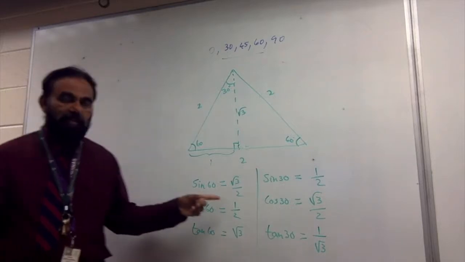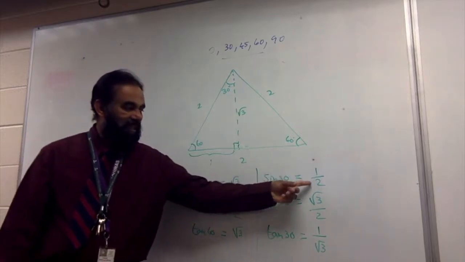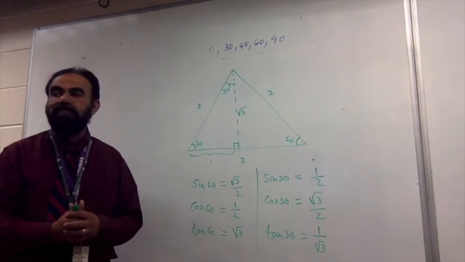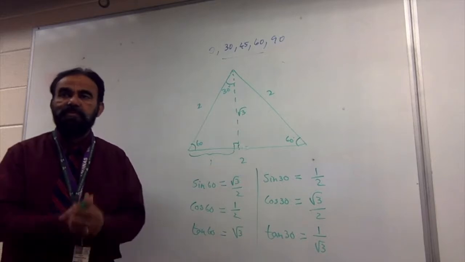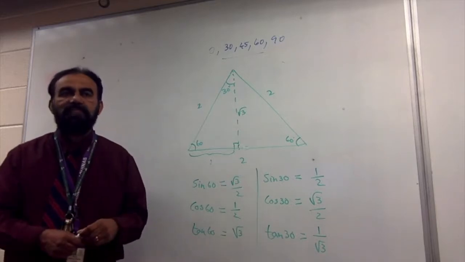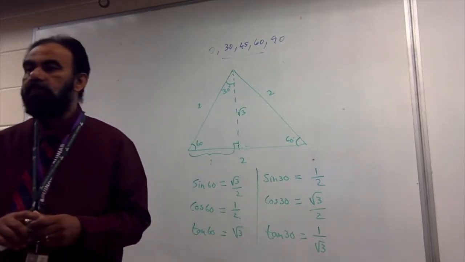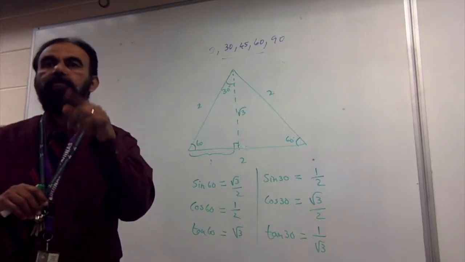Now if you ponder on this a little bit, you'll see the connections too. Sine of 30 is half, and cos of the complementary angle is half. So complementary angles have the same values. Punch it on the calculator: what is sine of 10? And now do cos of 80.